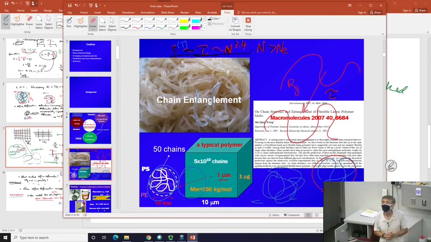So a typical way, even the best physicists can do no better, is to take a test chain. In other words, just give me any of the chains and ask myself, can I describe this chosen chain in terms of capturing what other chains are doing to me?